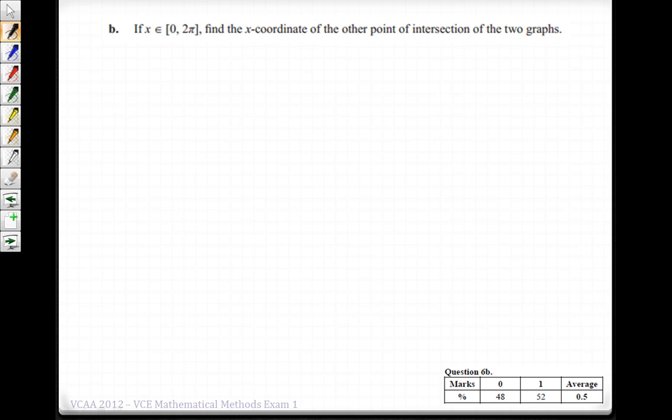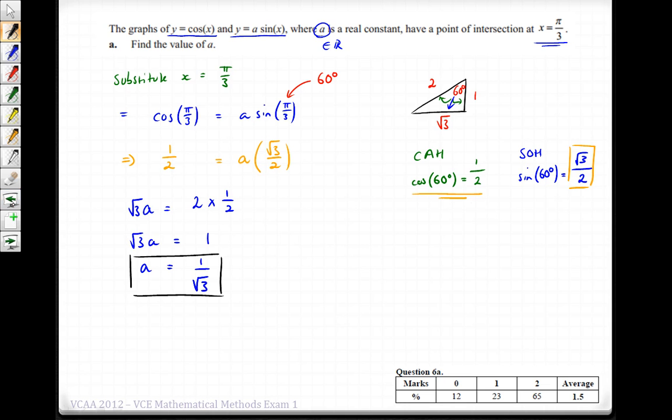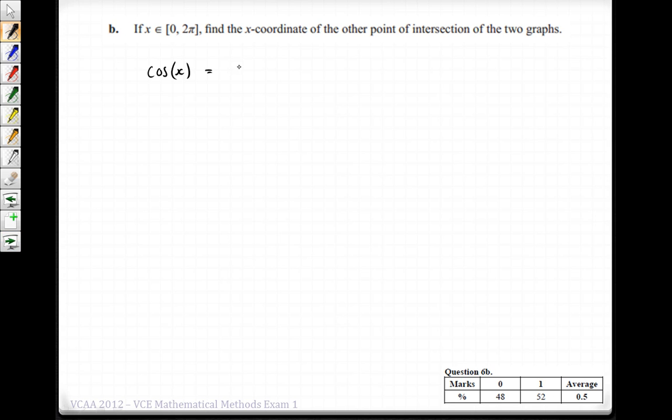So if x is an element of 0 to 2 pi, find the x coordinate of the other point of intersection of these two graphs. So we've got cos of x equals, just double check that, 1 on root 3, sorry, of sine of x, and it's between, importantly, 0 to 2 pi.